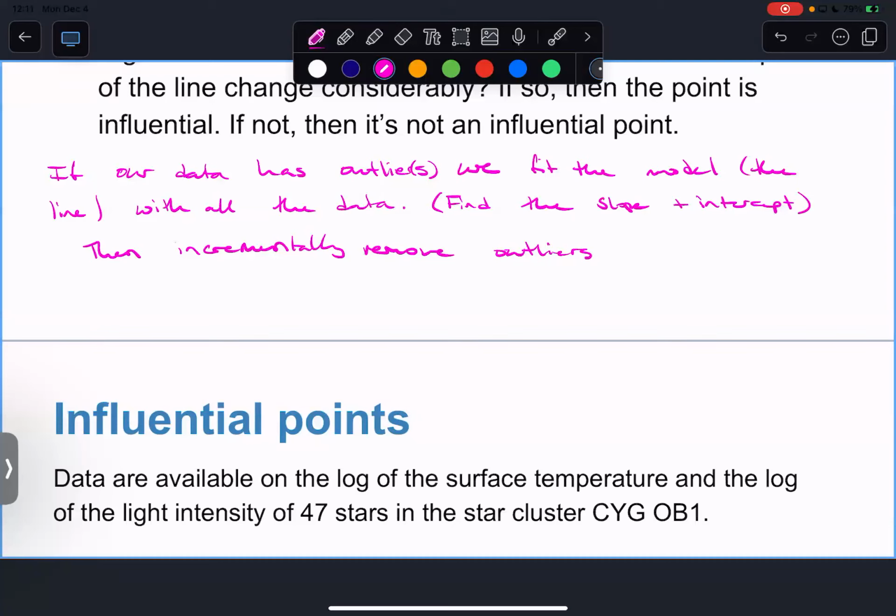There might be some change, but no significant change.